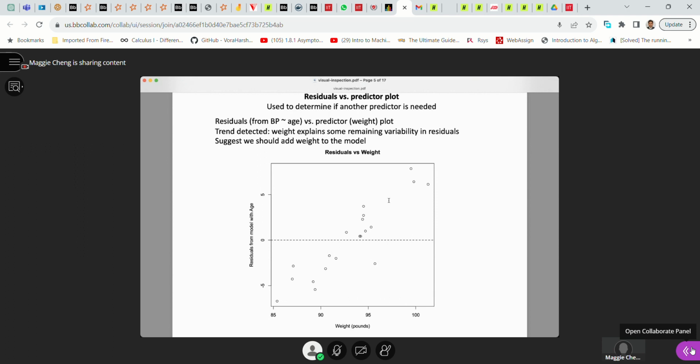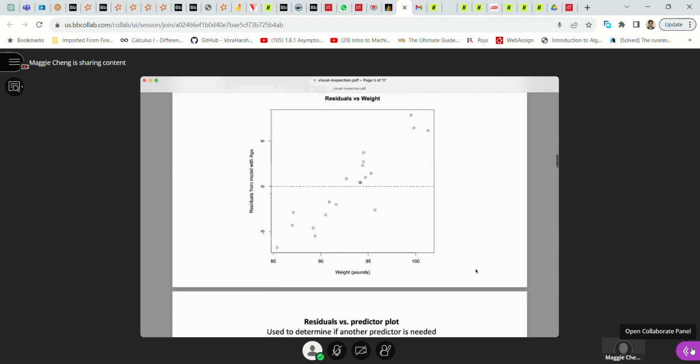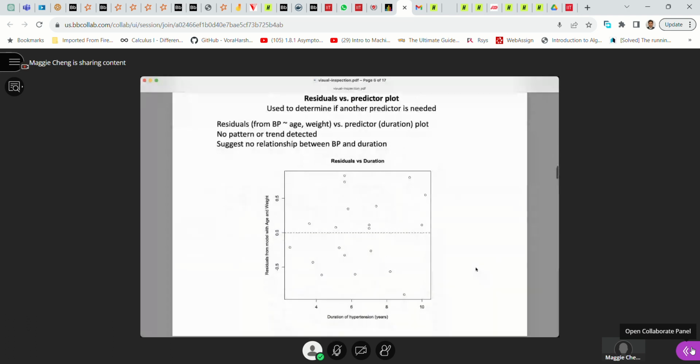This is weight. Then you see a trend. You don't see it randomly distributed around the horizontal line. So the residual from a model with age only has a clear linear correlation with weight. That basically means your model should add more factors.